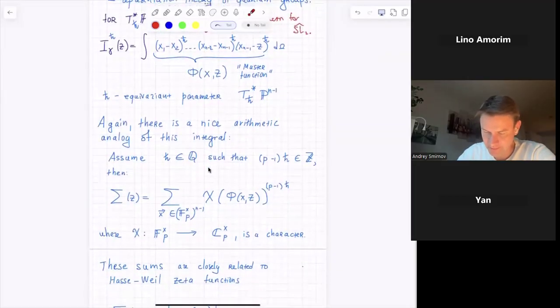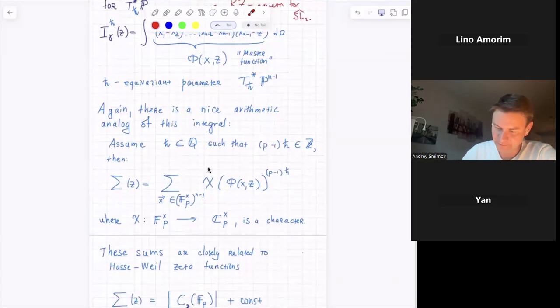Yeah, and again, there exists some well-known analog of this sum in arithmetic. But instead of an additive character as before, you have to take a multiplicative character.